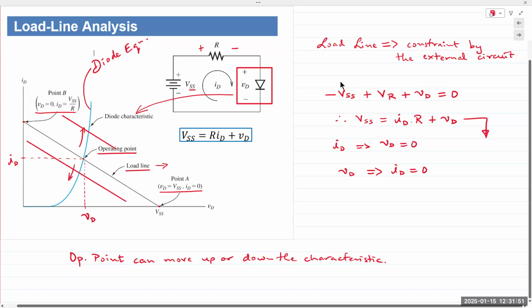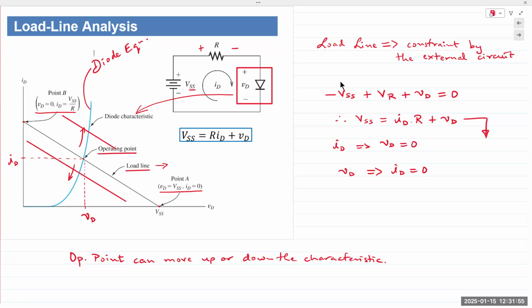Make sense? So again, this is a graphical solution to determining the diode voltage and diode current in a circuit. Remember, when we had resistors in EE201, you would apply KVL, KCL, Ohm's law, or any other analysis techniques to determine the voltage across that resistor or current through that resistor. Same thing with the capacitor, same thing with the inductor.